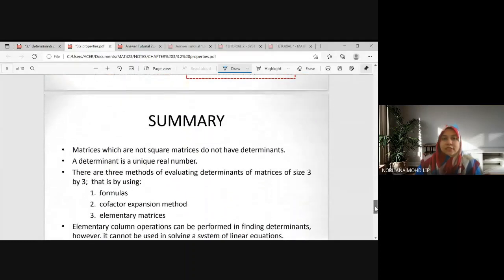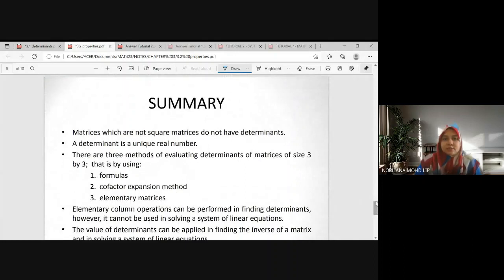Okay, summary for this chapter. Matrices which are not square matrices do not have a determinant. So only a square matrix has a determinant. Okay, the determinant is a unique real number. It can be a positive or negative value or zero. There are 3 methods of evaluating the determinant of a 3 by 3 matrix.